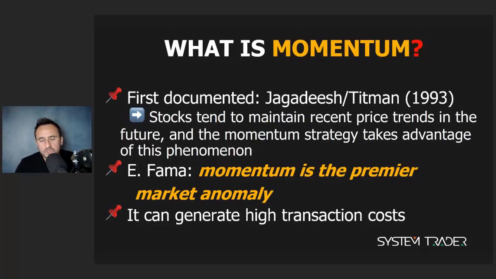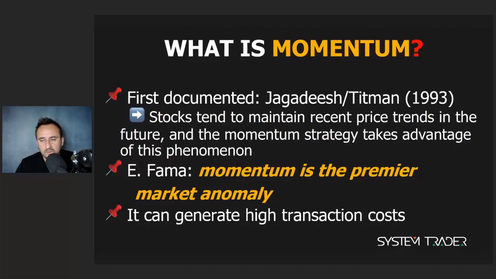And Eugene Fama, whom I mentioned before, the Nobel Prize winner, said that momentum, among other factors, is the premier market anomaly. The problem with momentum on individual stocks is that it can generate high transaction costs.